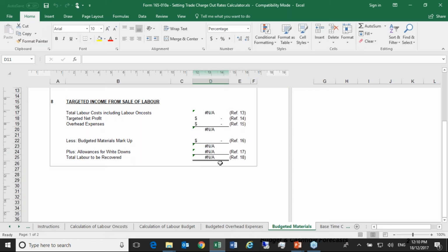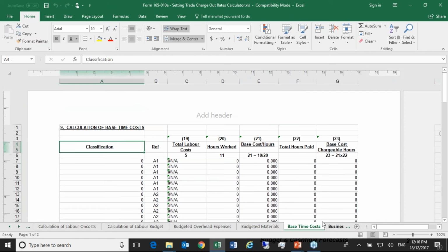This then requires the calculation of what we're calling the base time cost. This will all be processed automatically by the system for each employee. We'll have the employee's classification, the total labour cost, the hours worked, and then a base cost will be determined to be utilised in the calculator.